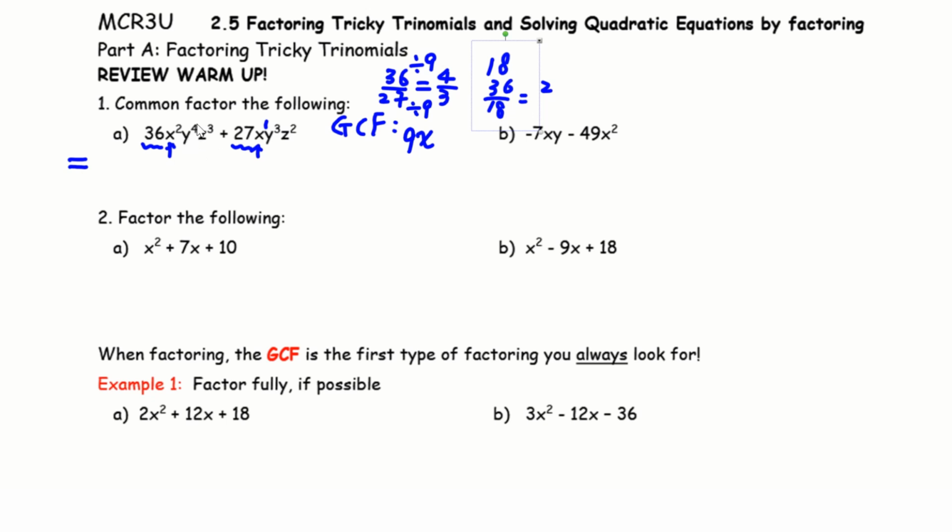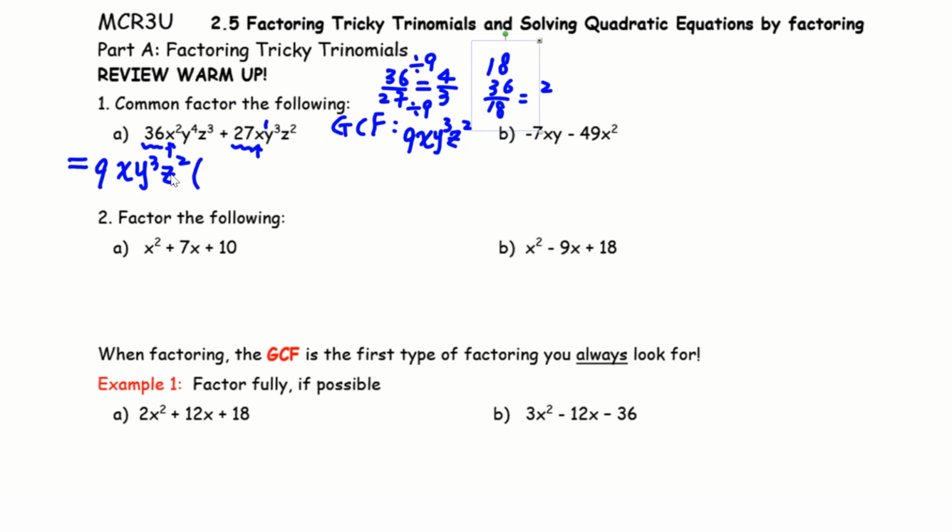And for y, degree is 4 and 3, the lowest one is y cubed. So this is your greatest common factor. And for z cubed and z squared, the lowest degree is 2, so z squared is your greatest common factor. So 9xy cubed z squared.